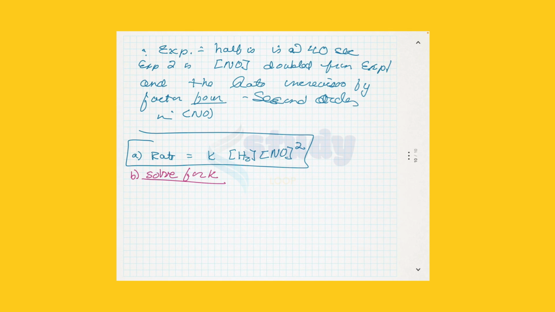Got a big yawn there. Okay, for part B, solve for the rate constant. Include units. Okay, of course, I'll include units.